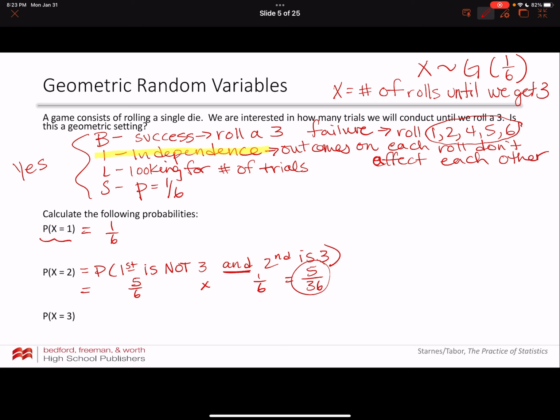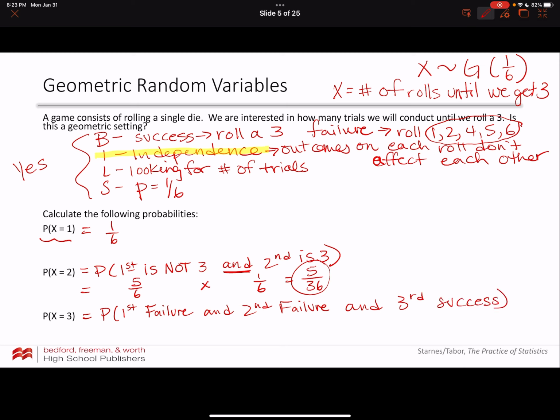All right, well, what about the probability that X is equal to 3? Really similarly, that's kind of like the first one. Let me summarize this a little bit here. The first is a failure, and the second is a failure, and the third is a success.